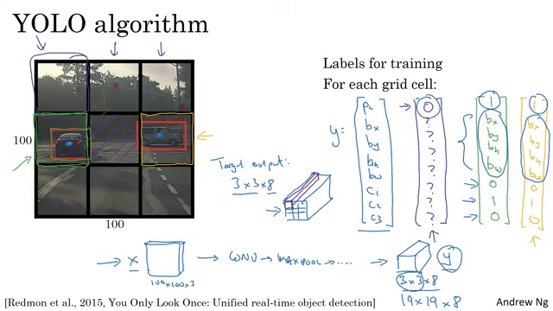So each object, even if the object spans multiple grid cells, is assigned only to one of the 9 grid cells, or one of the 3 by 3 or one of the 19 by 19 grid cells. And with a 19 by 19 grid, the chance of 2 midpoints of objects appearing in the same grid cell is just a bit smaller.